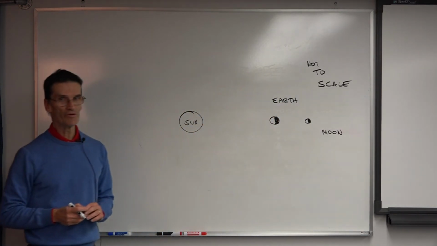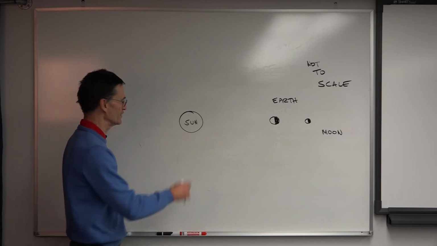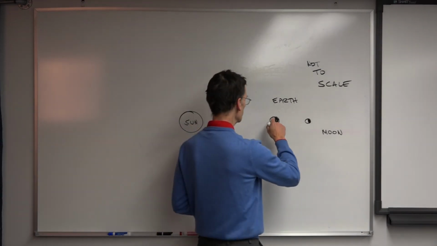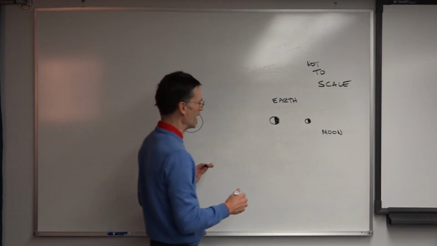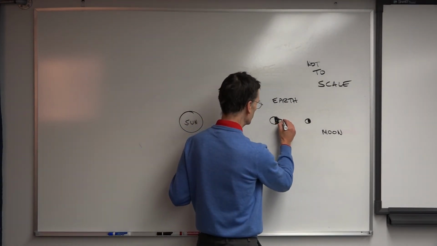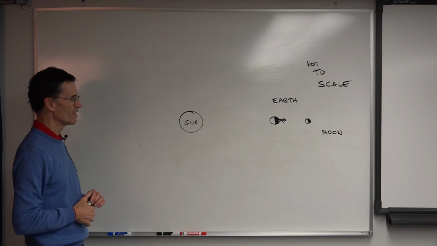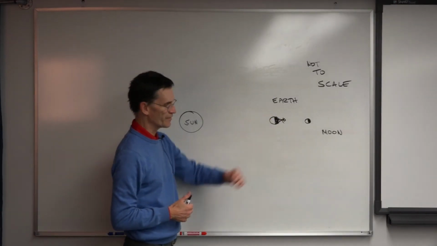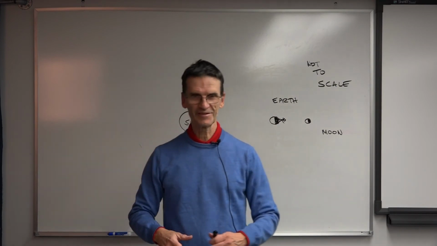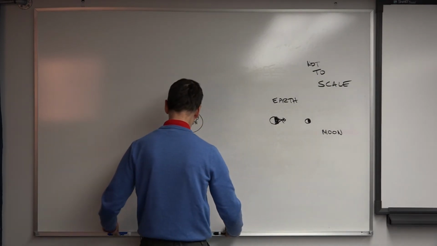The side of the moon facing the sun is always going to be lit. All right, here's the sun, here's the Earth, here's the moon. Now let's say you're standing right here. You're on the dark side of the Earth, which means it's nighttime. And you look out towards the moon.